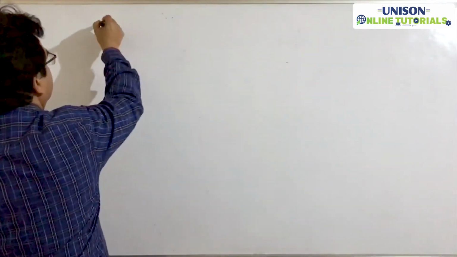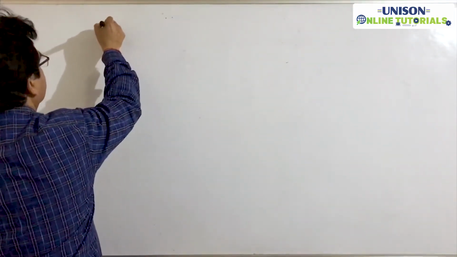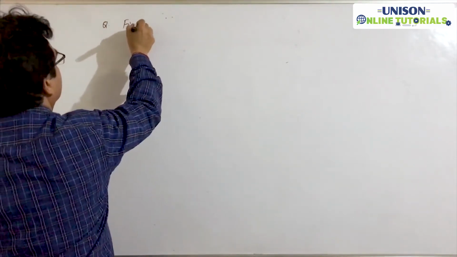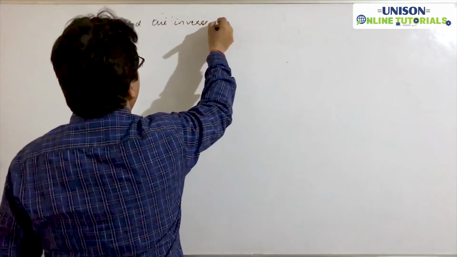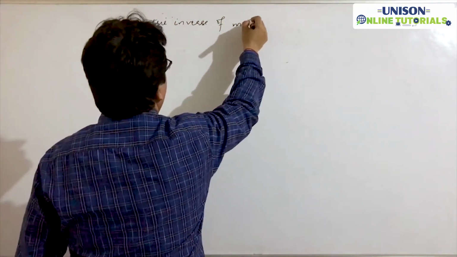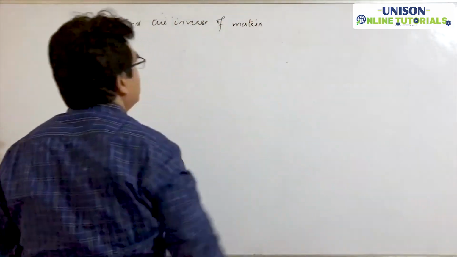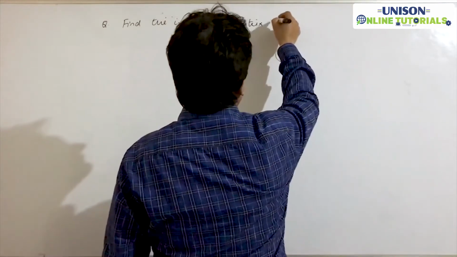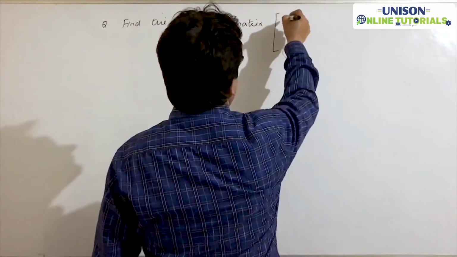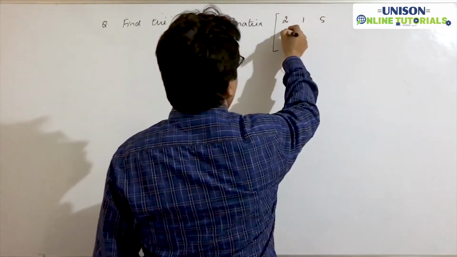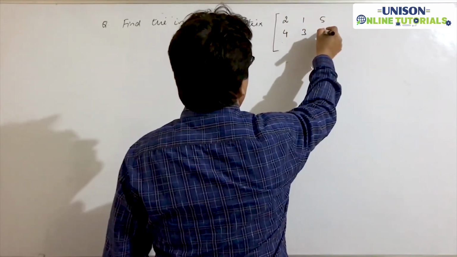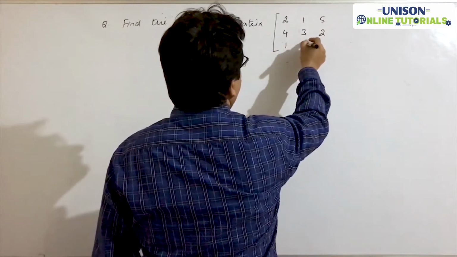Find the inverse of the matrix 2 1 5, 4 3 2, 1 2 1.